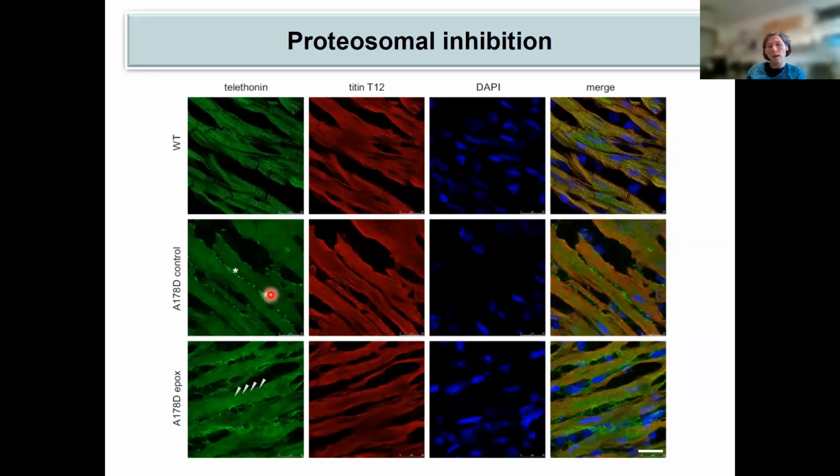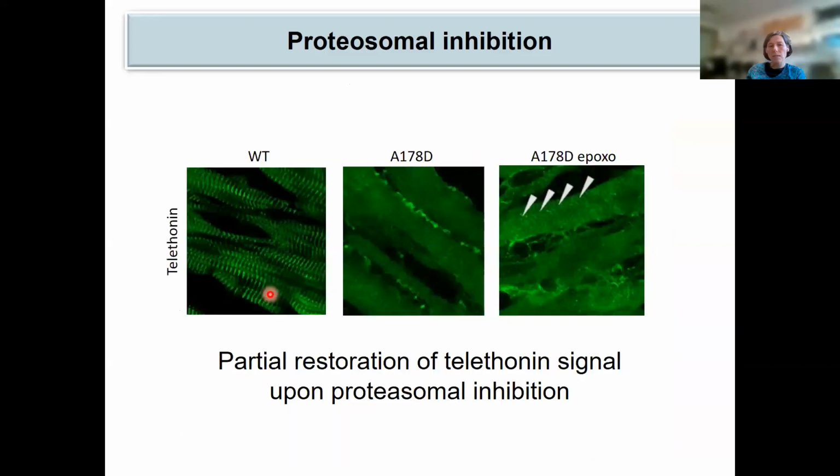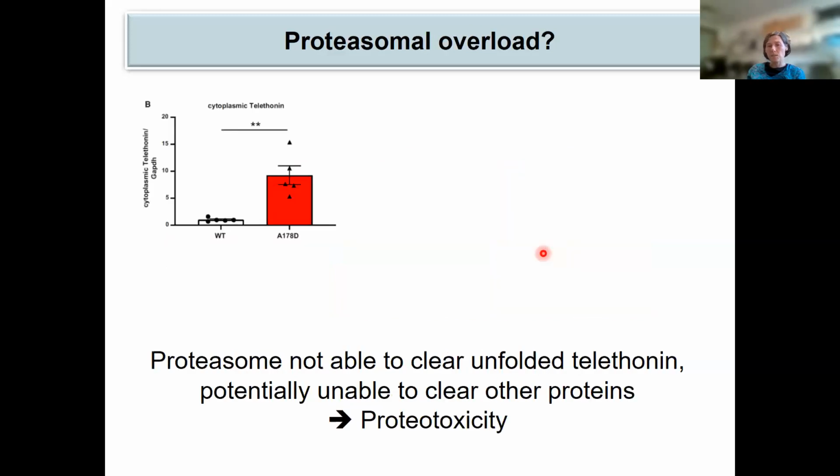I'm aware a small screen is a bit hard to see this, so this is why it's magnified once more. So striation in the wild-type mice, complete loss of this striated signal in the mutant mice, and then a partial restoration of the signal upon proteasomal inhibition, which tells us the proteasome is responsible for degrading telethonin.